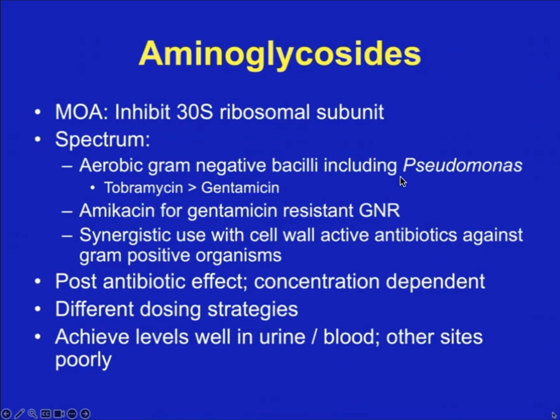It actually increases killing. Even after your concentration goes below the MIC, you have this post-antibiotic effect where you still have activity against the organism. As a result, you also mitigate a little bit of the side effect profile, especially the renal side effect profile of these agents.